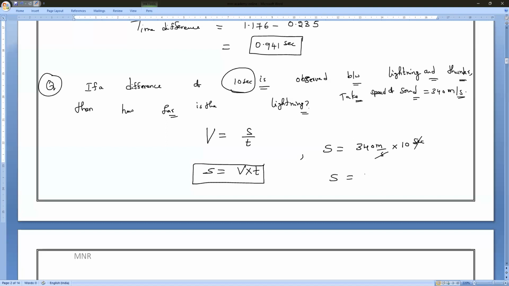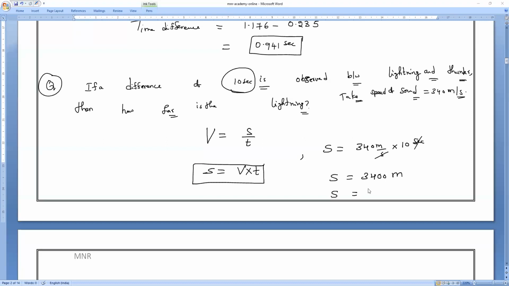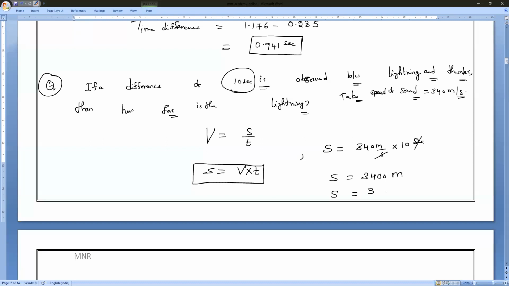So S is equal to 3,400 meters, which you can write in kilometers. 3,400 meters means how many kilometers? 1 meter is equal to 1 by 1000 kilometers, so it is 3.4 kilometers.